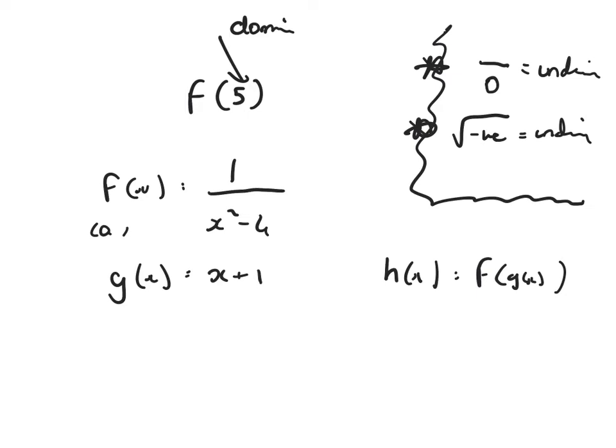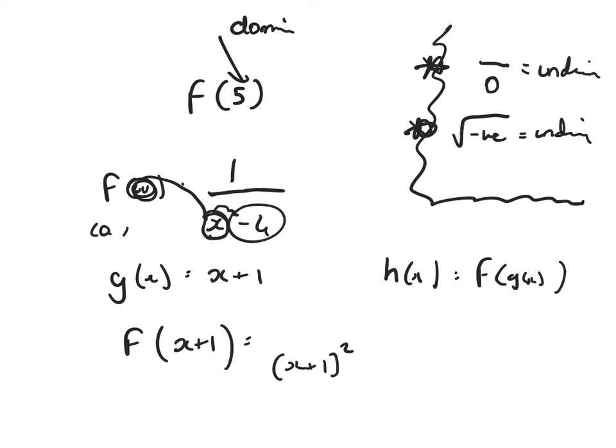Okay, so h of x is given by f of g of x, so that's f of x plus 1. Okay, so the f function is given by whatever's in the bracket is on the denominator of the fraction. It's squared. You then take away 4 with a 1 on the numerator. So whatever is in the bracket is written down on the denominator and is squared.